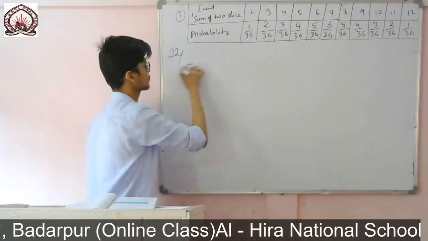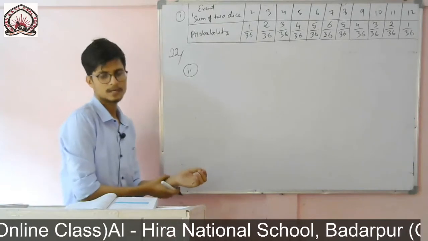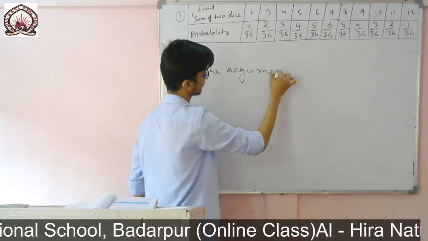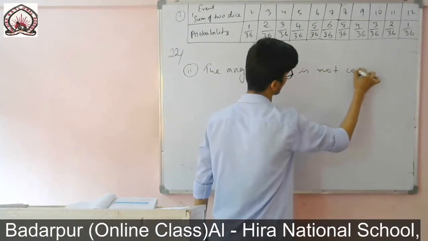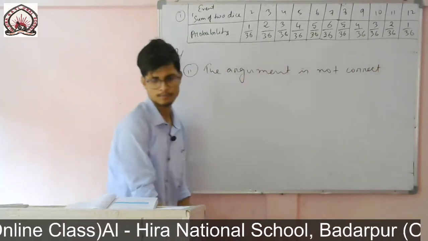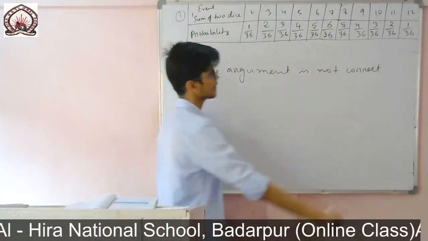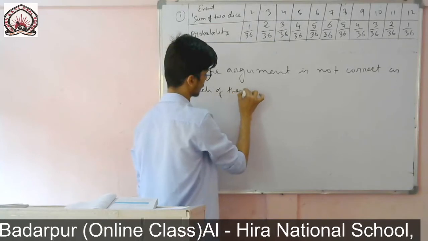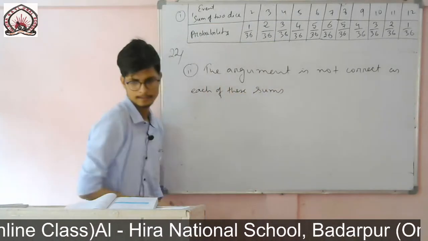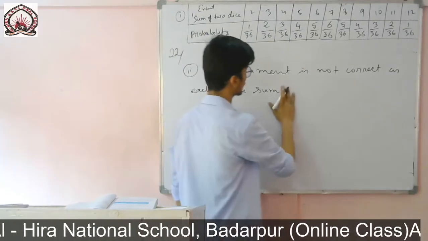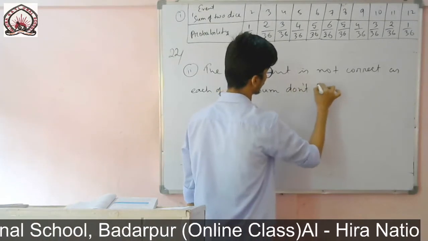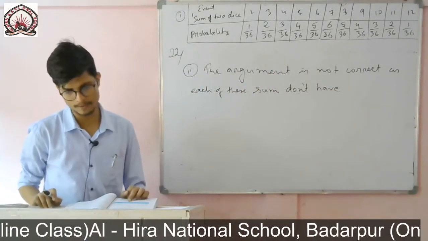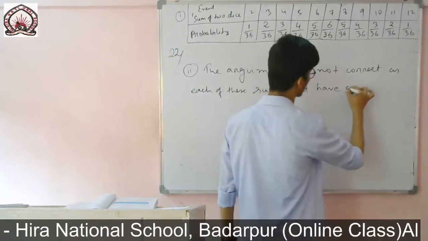Now Roman number 2. So directly we can write the argument is not correct, as each of these sums don't have a probability of 1 by 11.